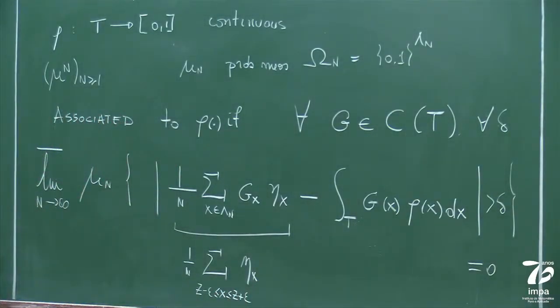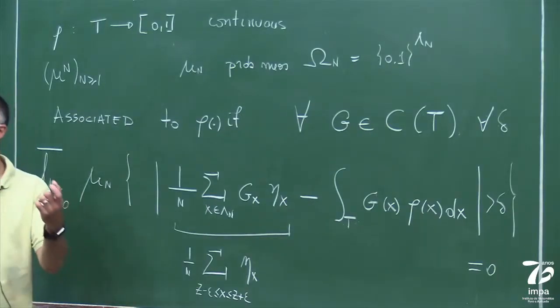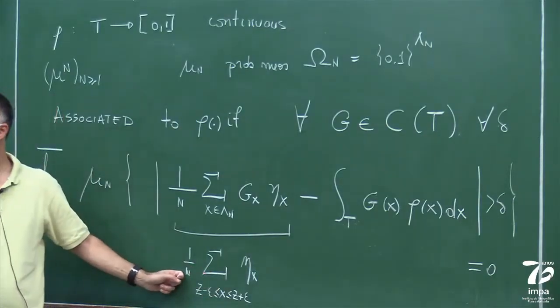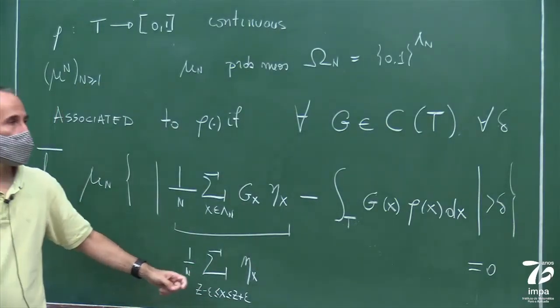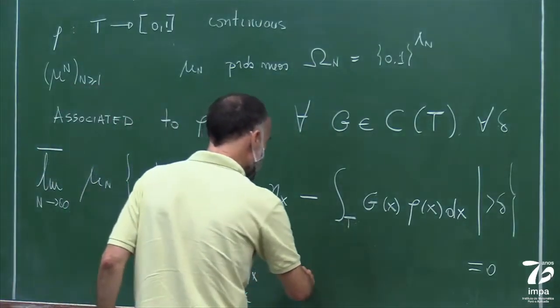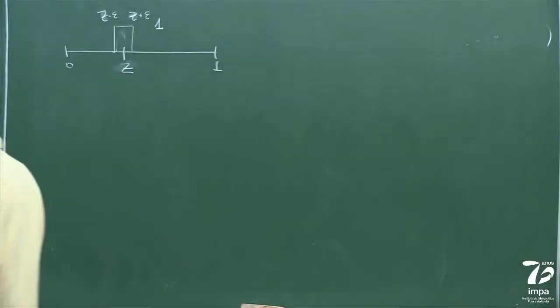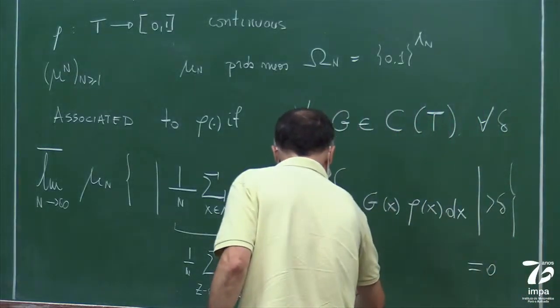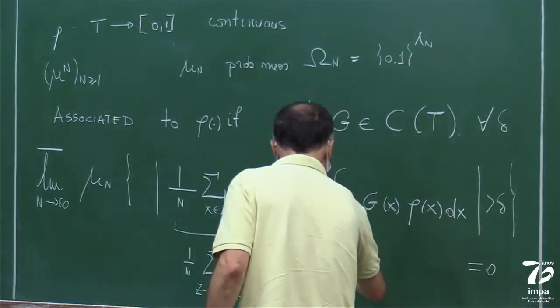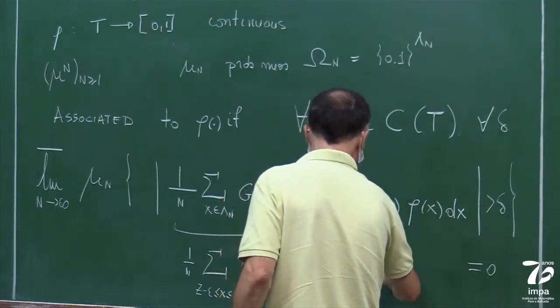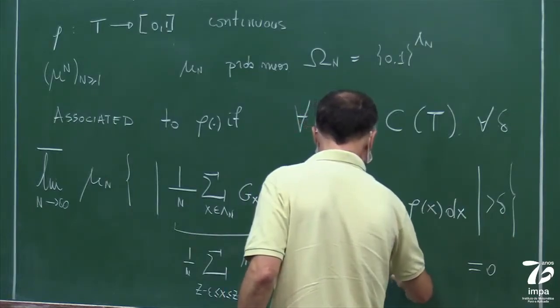Okay, so I'm counting the number of particles between z minus epsilon and z plus epsilon, and I'm dividing that by n. And what I'm saying is that this is very close to this integral, but g is 1, so this is the integral from z minus epsilon to z plus epsilon of rho(x) dx.